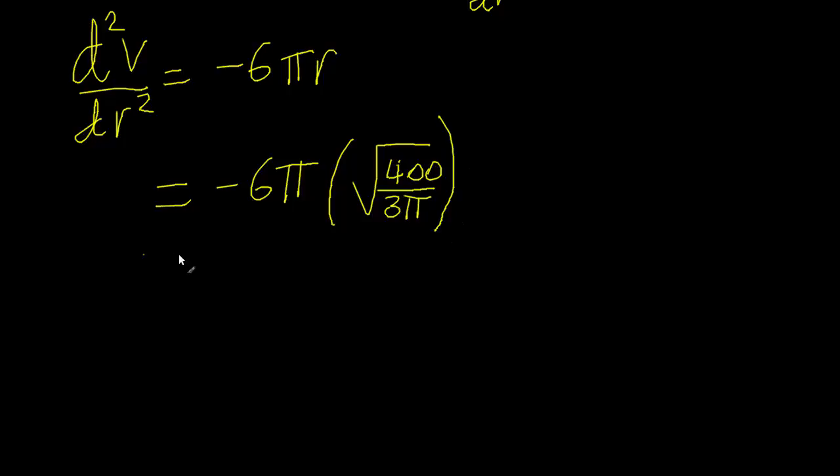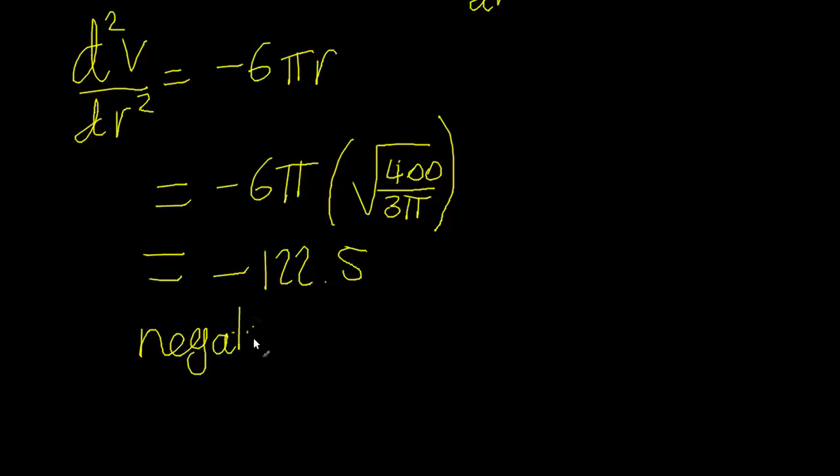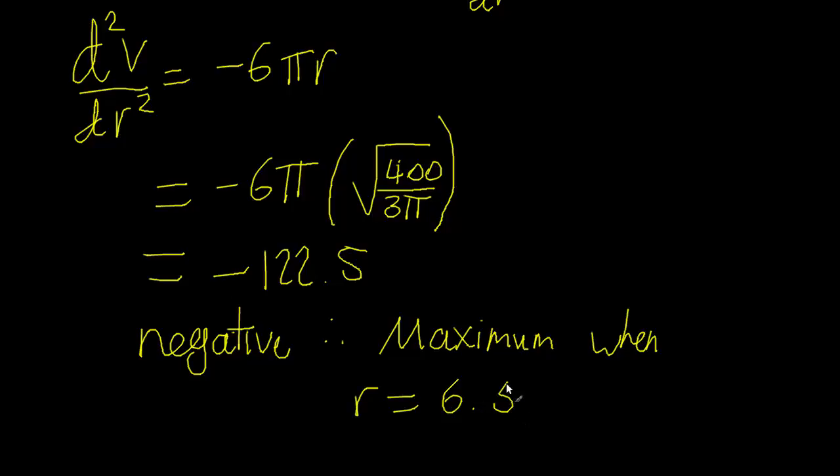And again, using our calculators, that gives us a value for the second differential of minus 122.5, which is a negative value, which therefore means we have a maximum value of v when r is equal to our value 6.5 or the square root of 400 over 3 pi.